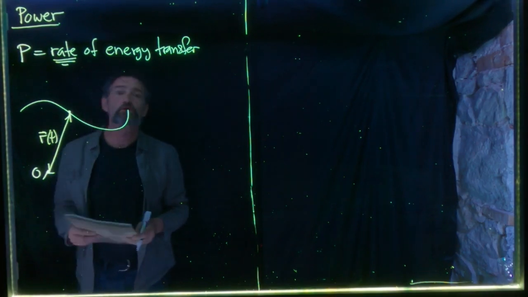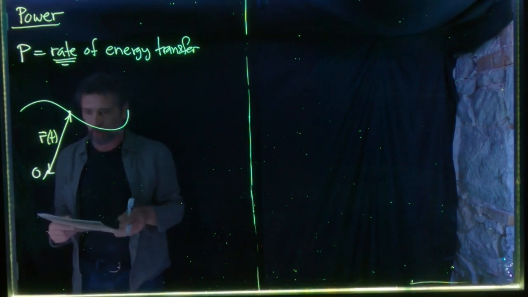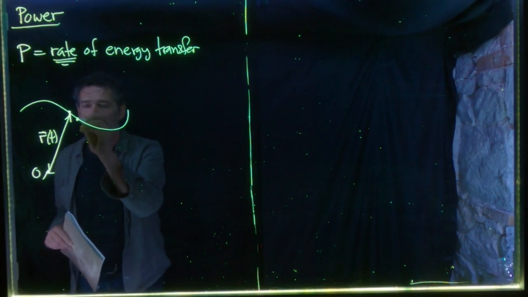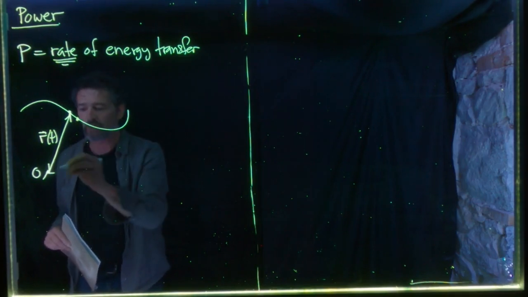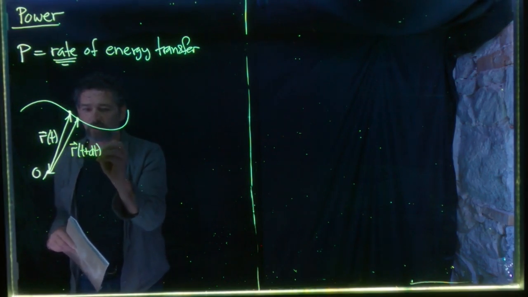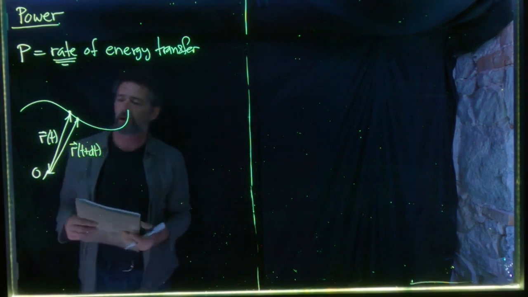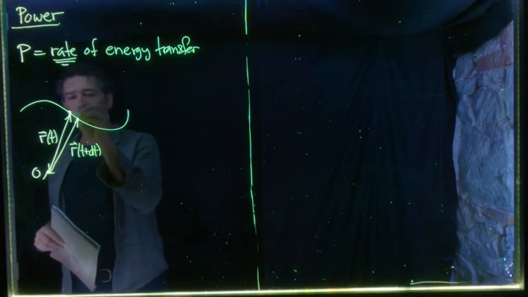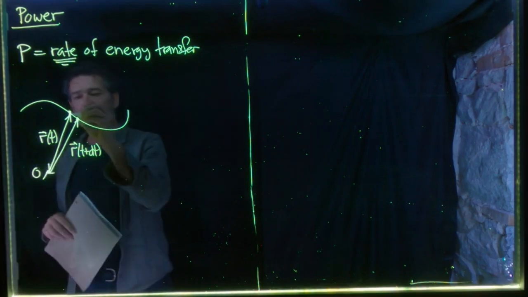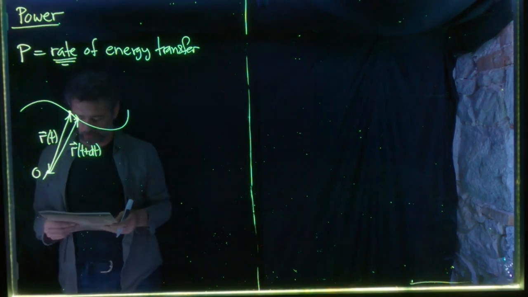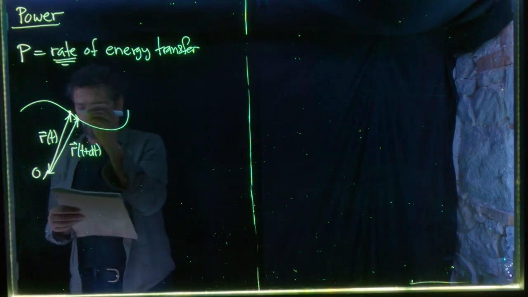Then a short time later, at time t plus dt, where dt is a small interval of time, the airplane has moved from here to here. So the new position is r at time t plus dt. During that time dt, the plane moves from there to there. Its displacement is dr, the difference between the final and initial position vectors. So that's dr.